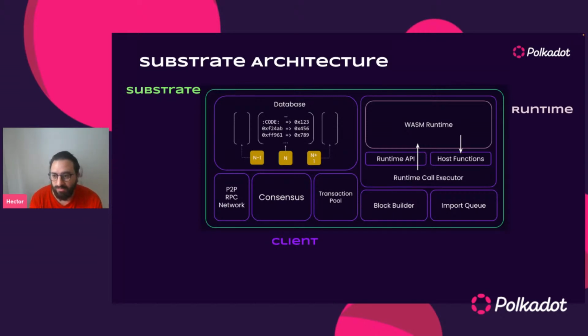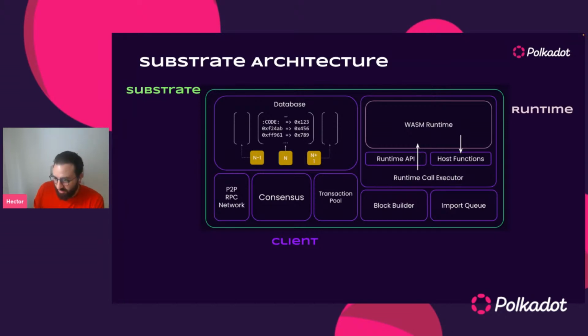As you can see, we have different colors representing which module each component belongs to. Substrate is of course the whole package, the node. What is in violet is the client side, and that's where we are going to focus today. In pink you have the wasm runtime. There are interesting things to discuss here.